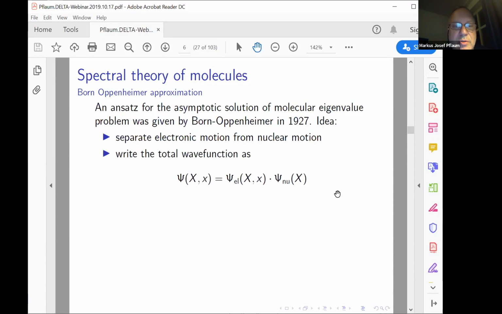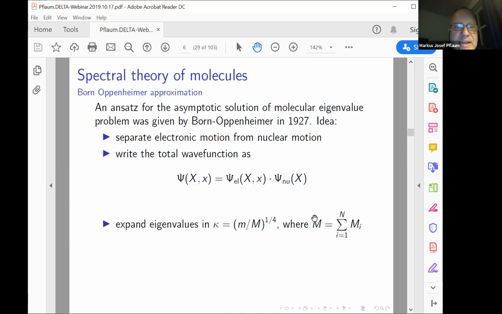So the idea is to approximate the real wave function psi of X, little x, by a product of an electronic wave function depending on the position of the nuclei, big X, and of the electrons, little x, times the wave function of the nuclei. This is the separated part, which we are not so much interested in.